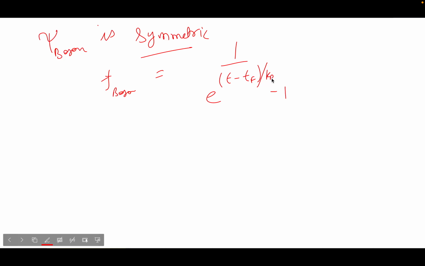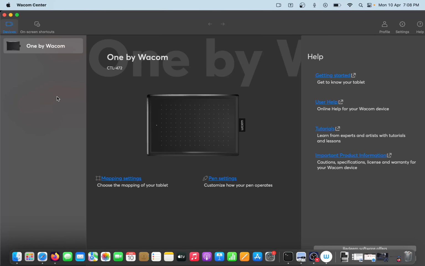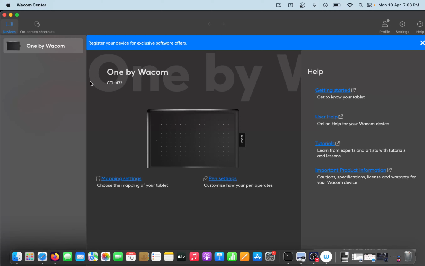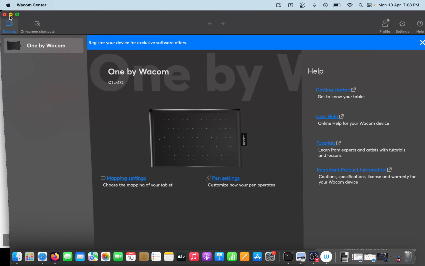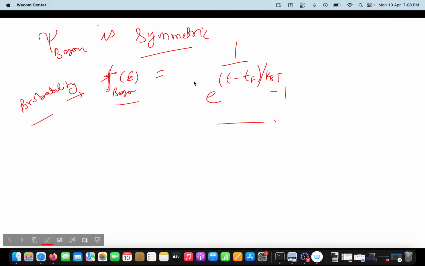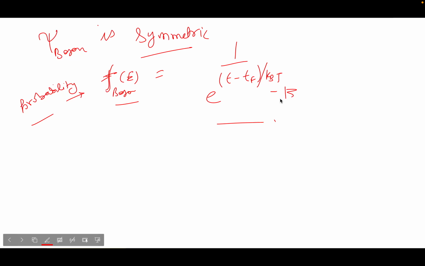So this is the function f for a boson, and this is equivalent to probability. Up to here it is the simple formulas.